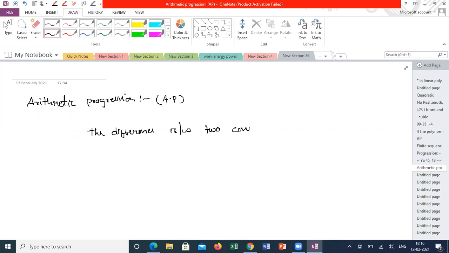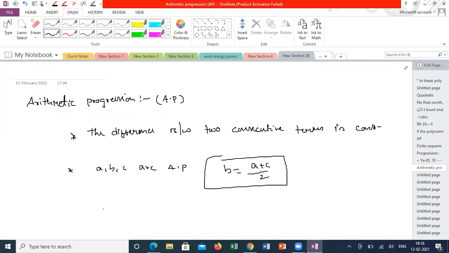Or is there any other way you can define it? A, B, C are in AP when, mathematically, B is equal to (A plus C) by 2. Then I can say the three terms are in AP. This is one more way of explaining AP.